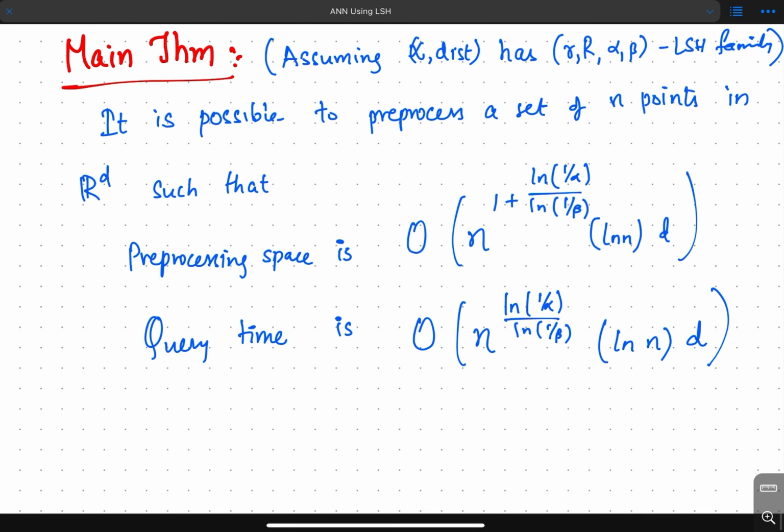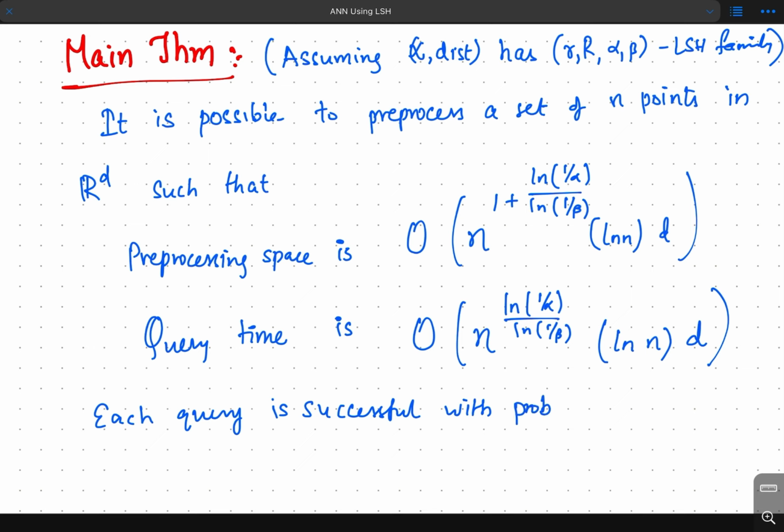Okay, and of course this is a randomized algorithm, and each query is successful with probability at least 3 by 4.